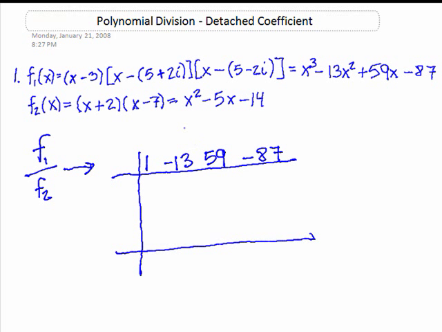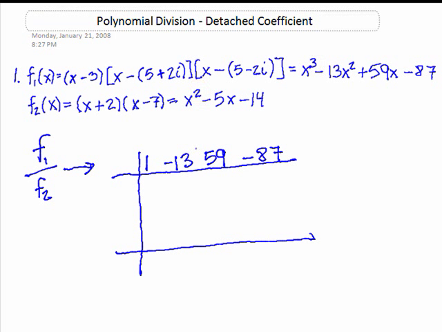Then one thing I'm going to do is figure out that the quotient here will have a degree equal to the power of the leading term in the dividend minus the power of the leading term in the divisor. 3 minus 2 is 1, so we'll have a linear polynomial.